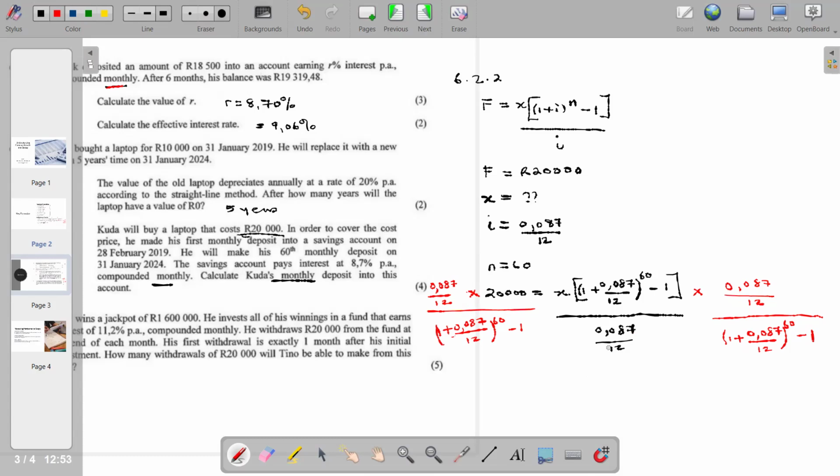If you check on our right-hand side, this one will divide by this one, and this big bracket will divide by this one. So we are left with x. So eventually our x will be equal to, we go to our calculator and punch that value on our calculator. So here we go.